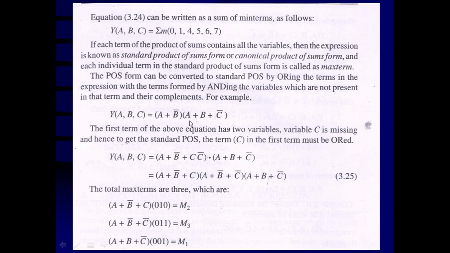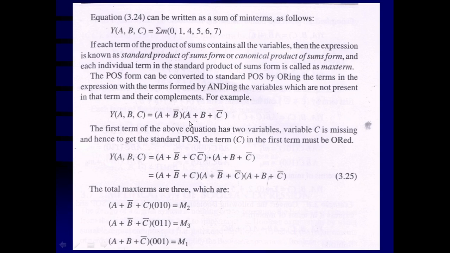There are two sums there, the summation of a plus b bar, that is one OR term. There is another OR term, a or b or c bar. Here output y is a function of ABC, but the first term contains only two variables, a and b bar. The third variable c is missing.